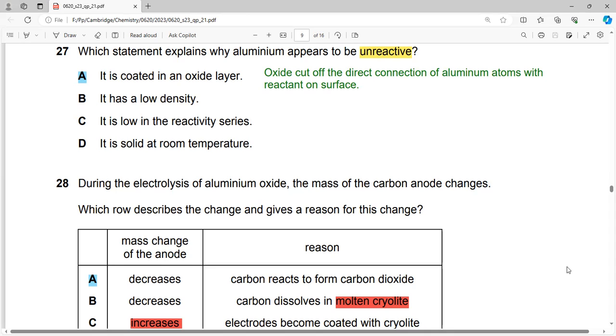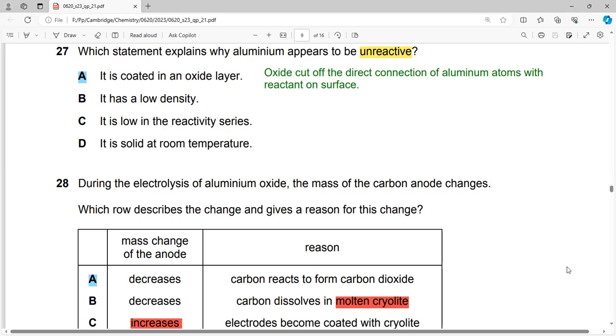Aluminium reacts with oxygen and produces aluminium oxide. The outermost layer of this aluminium oxide cuts off the direct connection of the aluminium atoms underneath to the reactants on the surface. So that's why the aluminium becomes completely unreactive. According to this information, it is coated with an oxide layer, so A is our correct option.